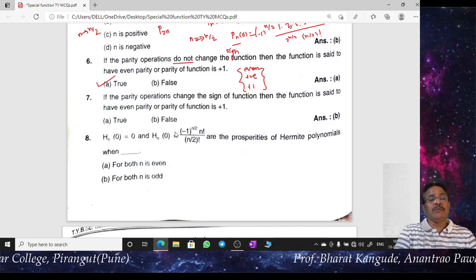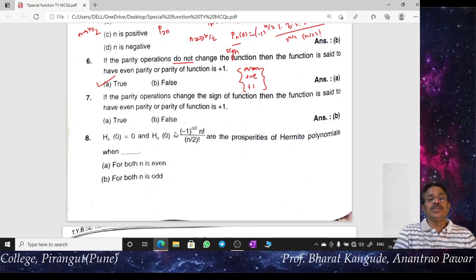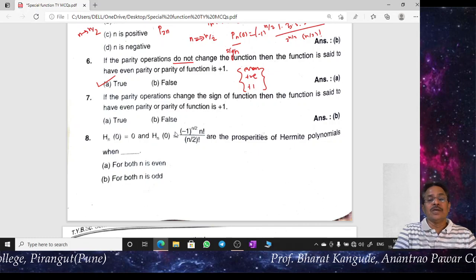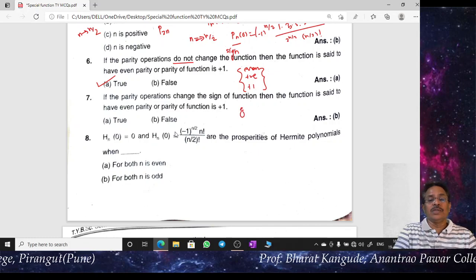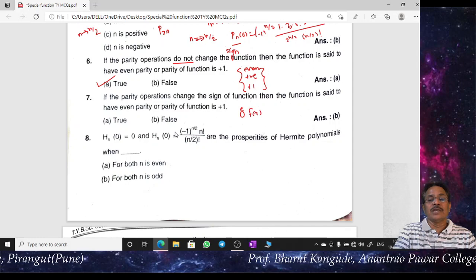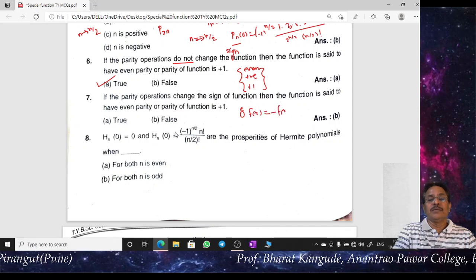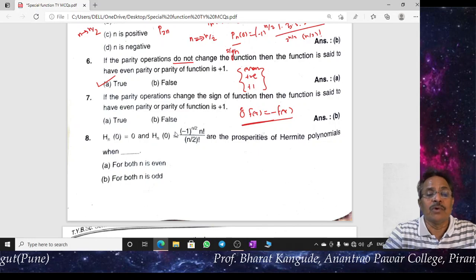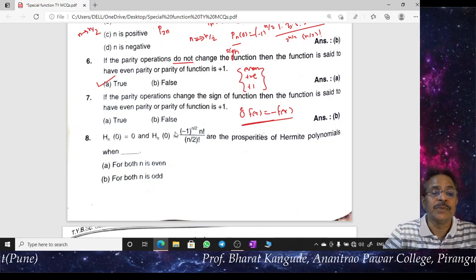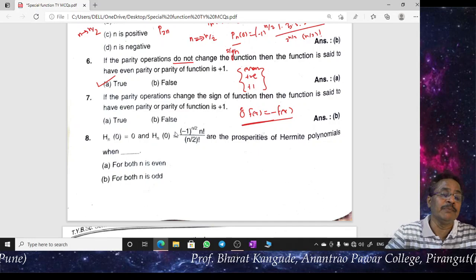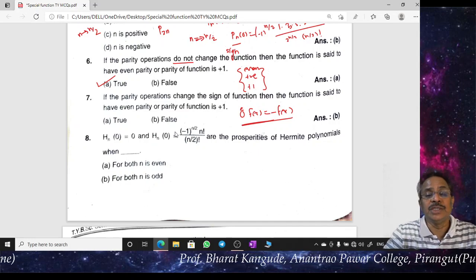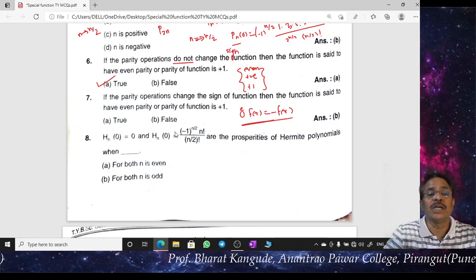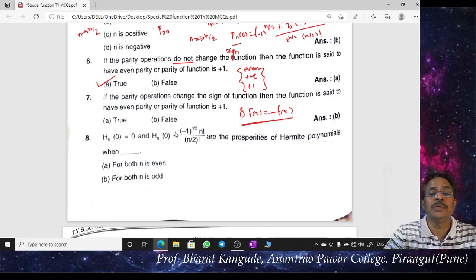Then question number 7: if the parity operations change the sign of the function, that means when this operator is operated on this particular function f(x), if its sign changes and it becomes f(−x), such an operator or function is said to have odd parity. Read the statements once again. If the parity operations change the sign of the function, then the function is said to have even parity, or parity plus 1.